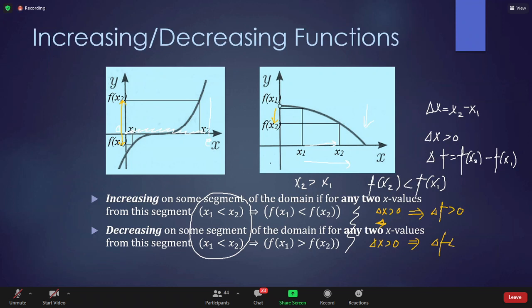As the x values increase, the x increment, the delta x, is positive. That is, x increases, and the increment of the function is positive if the function goes up, if it actually increases, with the second value greater than the first value, and negative if it decreases.